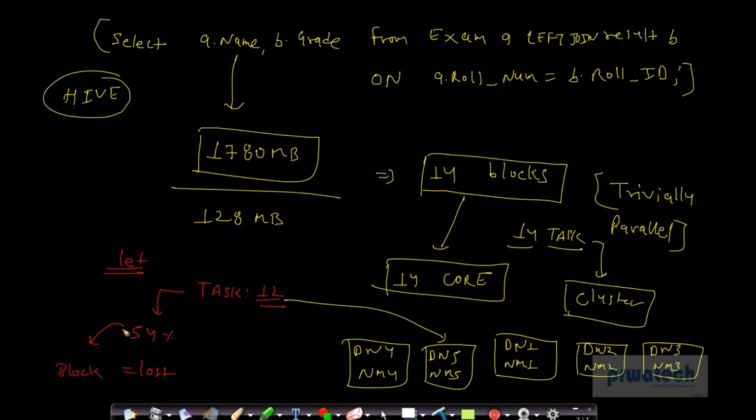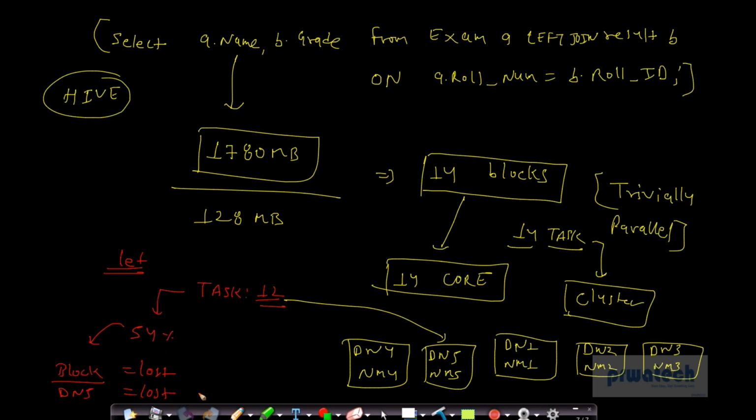So the 54% of total execution, or the progress, you have lost. If you lose the block, you cannot resume from 55%, 56%. You're stuck here. If you lose the machine, let's say this DN5 itself is lost, then this is a disaster. You lost the machine, so you lost the task completely.